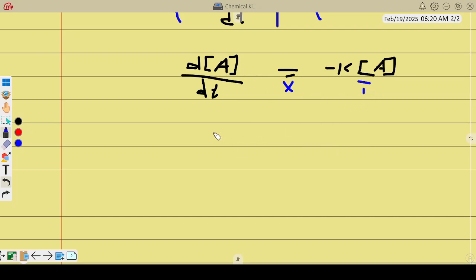So dA times 1 will just be dA, the change in A. This will be equal to -k, and then we have the concentration A, and then dt at the end, because we've cross multiplied.